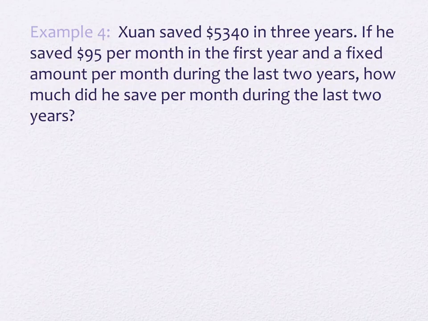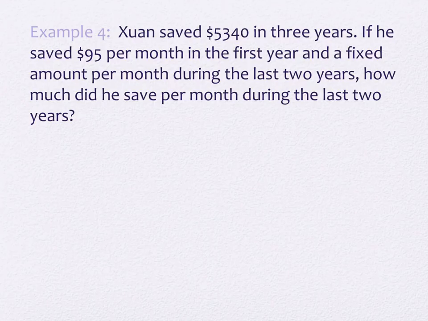It says if he saved $95 per month the first year and a fixed amount per month during the last 2 years, how much did he save per month during the last 2 years? So this is kind of combining some of the problem-solving stuff that we did back in chapter 1, right? Problem-solving strategies, with some of these ideas about multiplication and addition or subtraction, division, and so forth. So kind of a combination section.